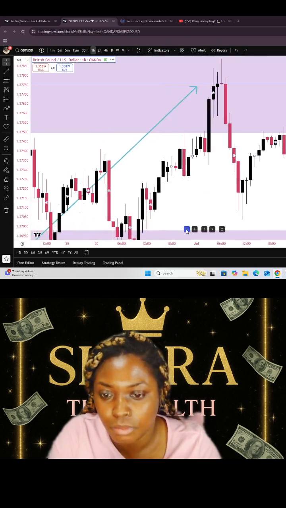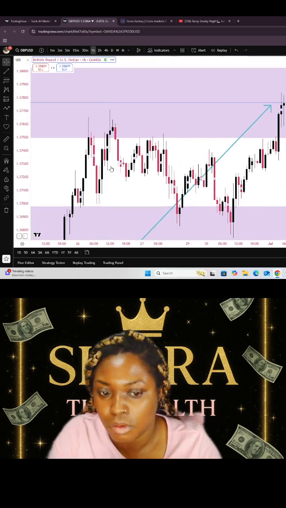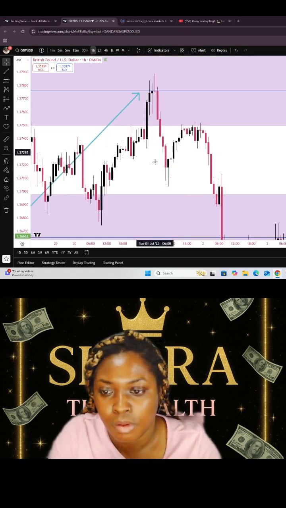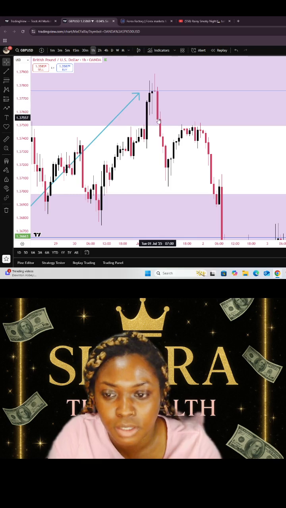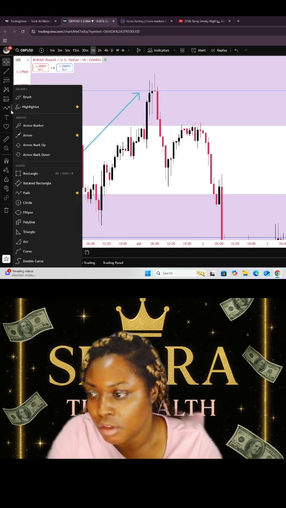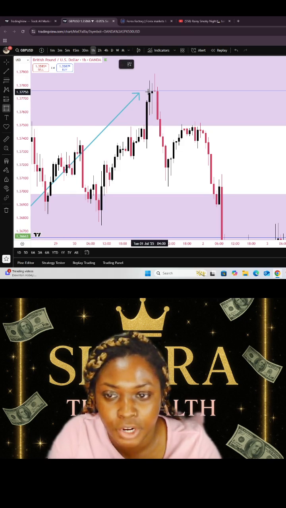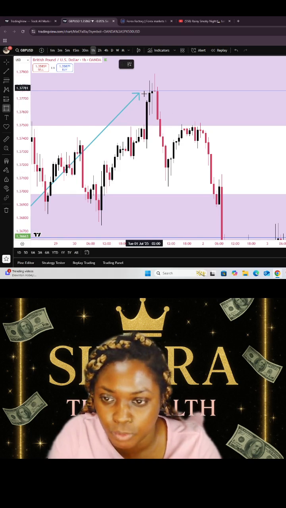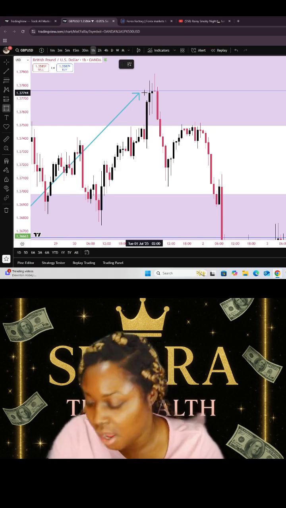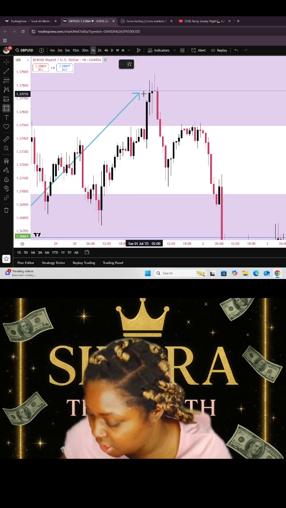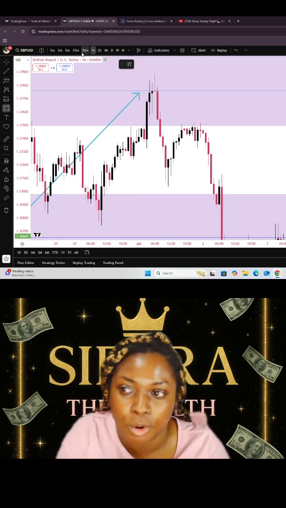Now, price left without us. And then it gave us another opportunity. It left another fair value gap. Okay. So now we didn't catch our entry here at this fair value gap because, of course, we didn't have any confluence, especially in this hourly time frame.